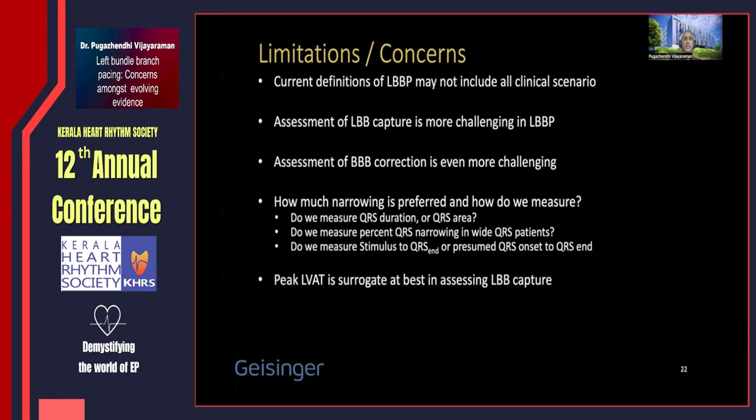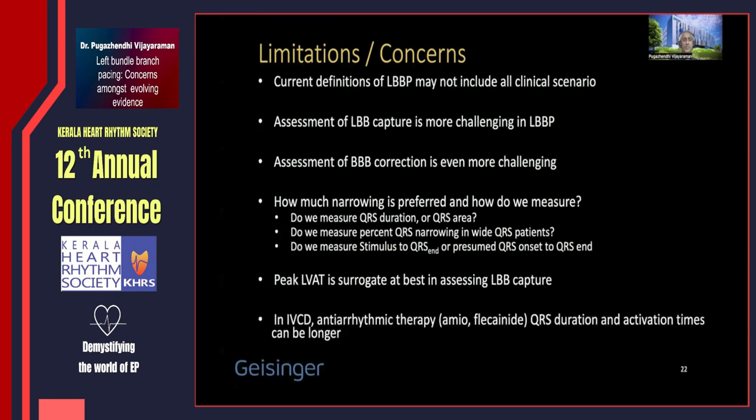Understand that peak LV activation time, or R-wave peak time, is a surrogate at best in assessing left bundle branch capture. Don't settle for a fixed number. You individualize for the patient, and also based on where the lead is located. If you're more apical and posterior, your R-wave is not a perfect assessment for peak LV activation time because you have a deep S wave, and the nadir of the S wave may be a better surrogate for assessing LV activation time.